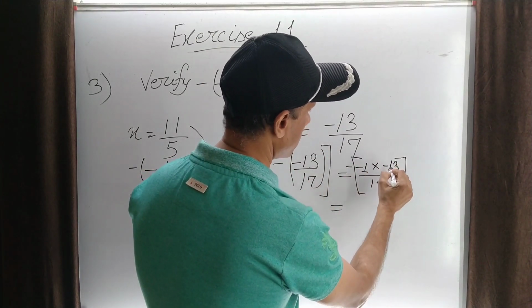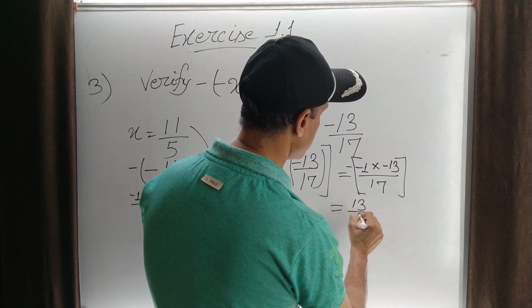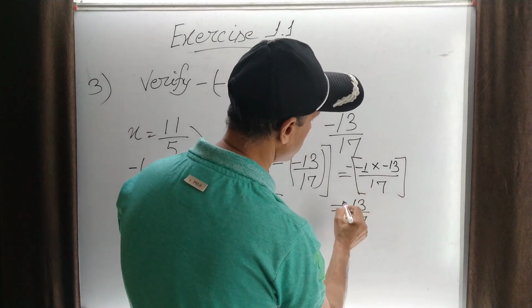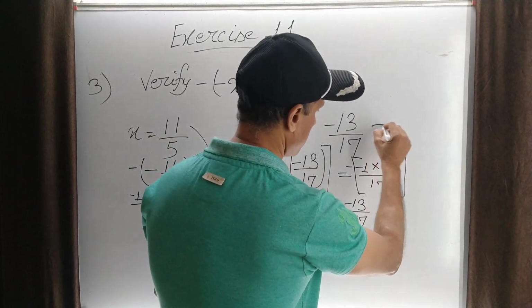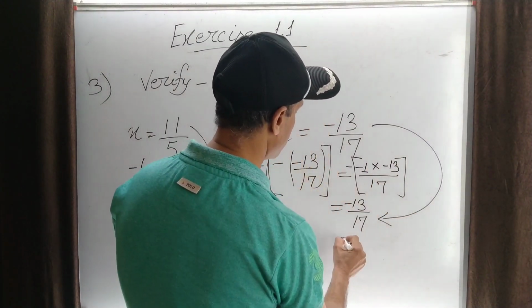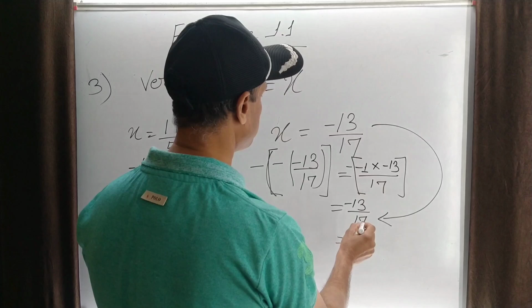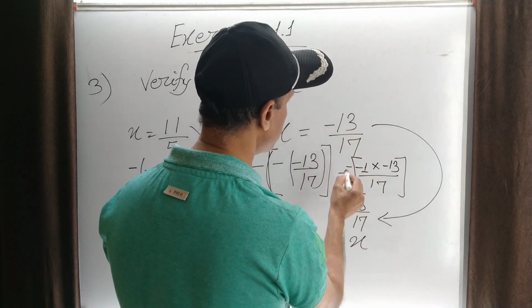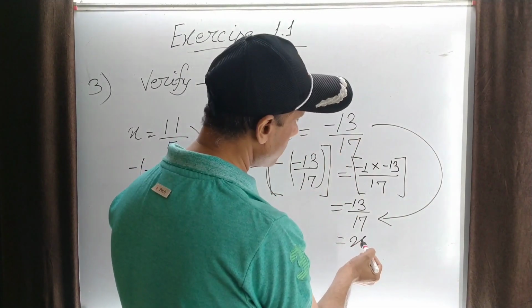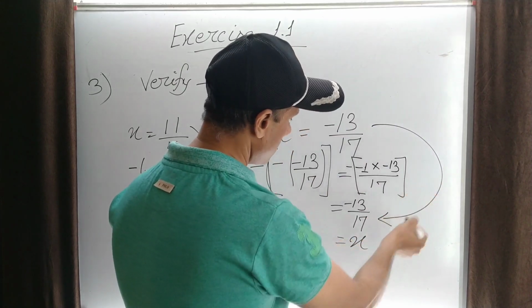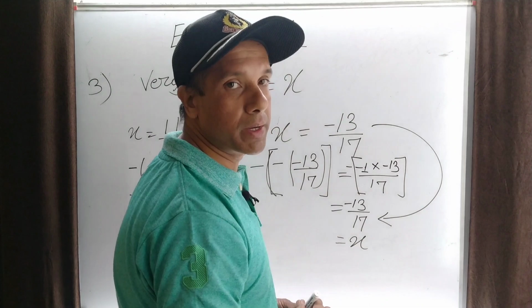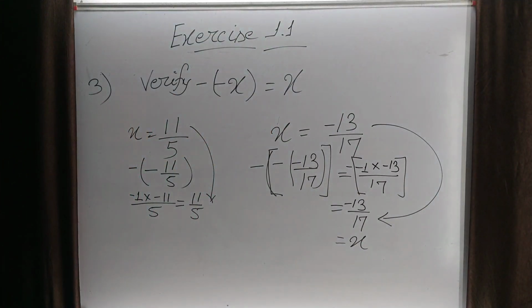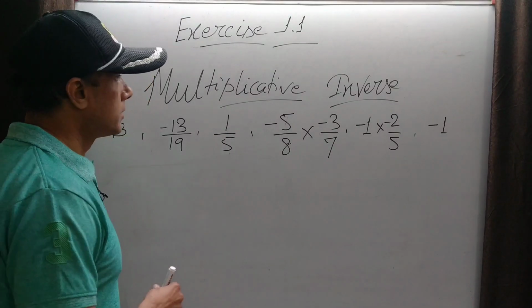Minus and minus is plus, so 13 by 17, and with the minus sign outside, this becomes minus 13 by 17. So we have proven that minus of minus x is the same as x. Here x was minus 13 by 17, and after solving using those operations, you find that it is in fact minus 13 by 17. Clear? Let's move on to the next question.